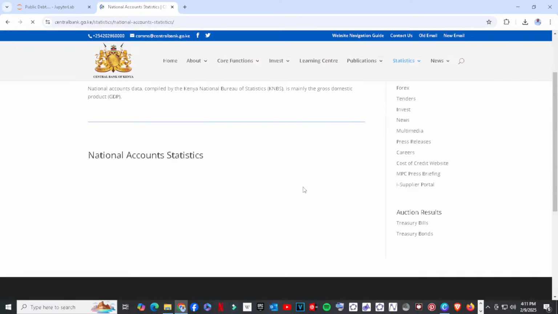Yes, national account statistics. It's loading. Yeah, here it is.